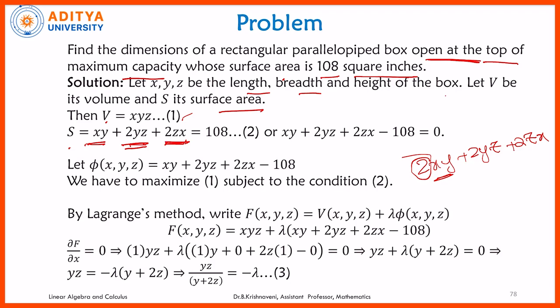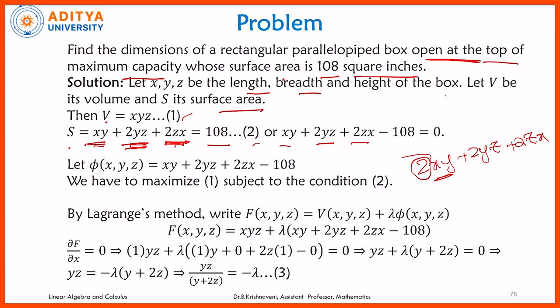That means if you take the perfect rectangular parallelepiped box, it will contain 6 surfaces, but here we have only 5 because the box is open at the top. So the surface area is given by xy plus 2yz plus 2zx and is given as 108. Let it be equation number 3. So hence we can write the equation as xy plus 2yz plus 2zx minus 108 is equal to 0.